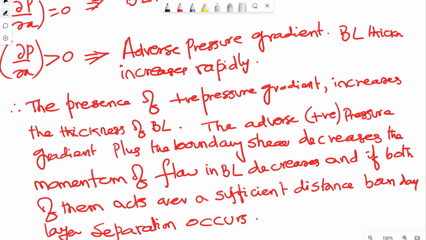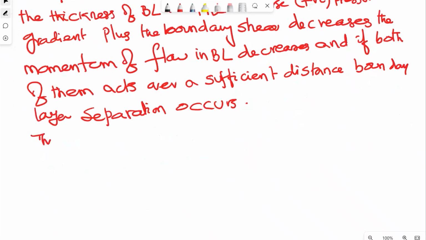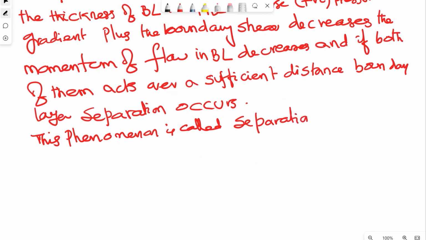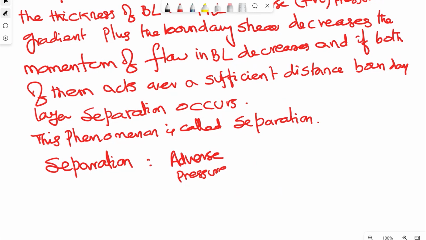This phenomenon is called separation. The main reasons I told for separation are two things: adverse pressure gradient plus boundary shear.